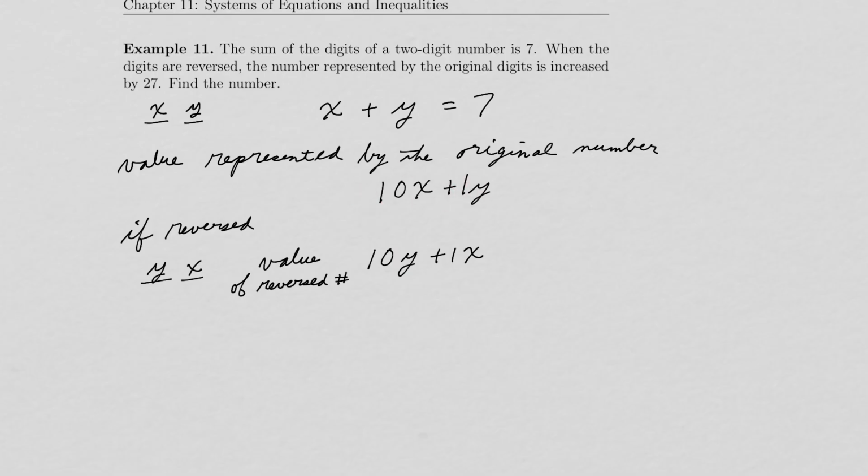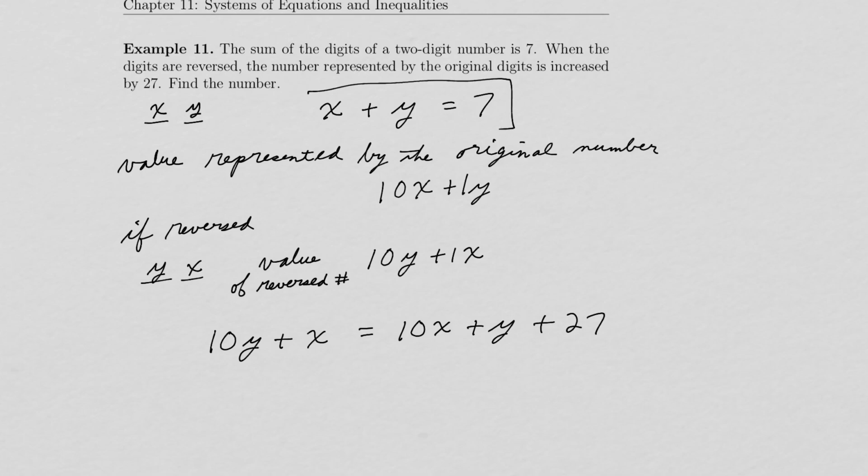So basically the second equation is going to be the new reversed value, which is 10y plus x, is equal to the original value, 10x plus y, plus 27. So that's our second equation. This is our first equation. This is our second equation.